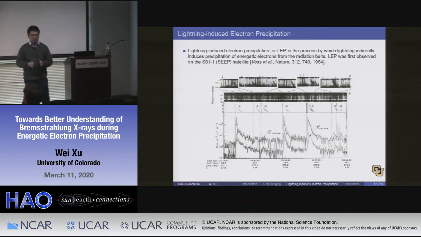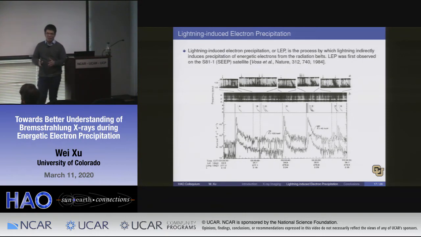LEP was first observed almost three decades ago by the S81 SEEP satellite. This figure shows the satellite measurements of precipitating fluxes, and the top panel shows ground-based measurements of lightning-emitted radio waves, called spherics.